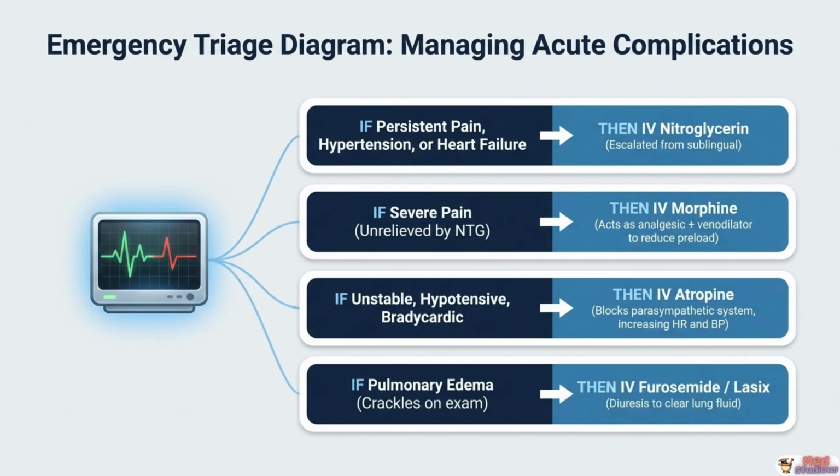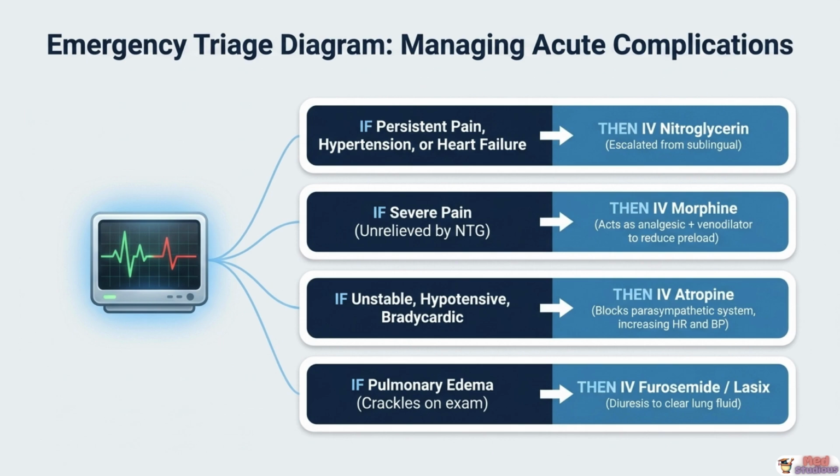Complication 2. If the patient becomes hemodynamically unstable, hypotensive and bradycardic, typically from inferior STEMI involving the right coronary artery and its nodal branches, intravenous atropine is administered. Atropine is a competitive muscarinic antagonist that blocks the parasympathetic nervous system's vagally mediated bradycardia, increasing both heart rate and blood pressure.